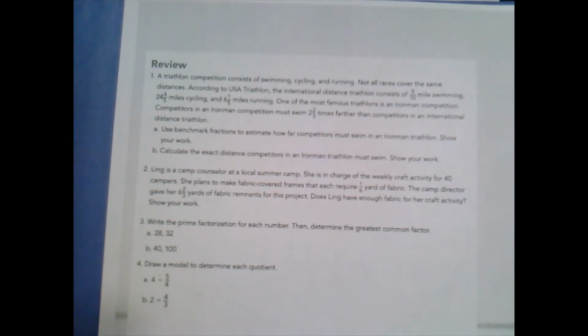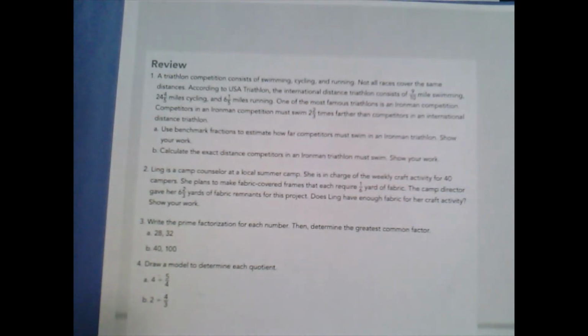One of the most famous triathlons is an Ironman competition. Competitors in an Ironman competition must swim 2 2/3 times farther than competitors in an international distance triathlon. Use benchmark fractions to estimate how far competitors must swim in an Ironman triathlon.